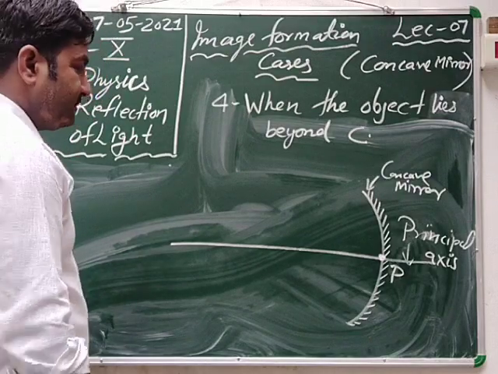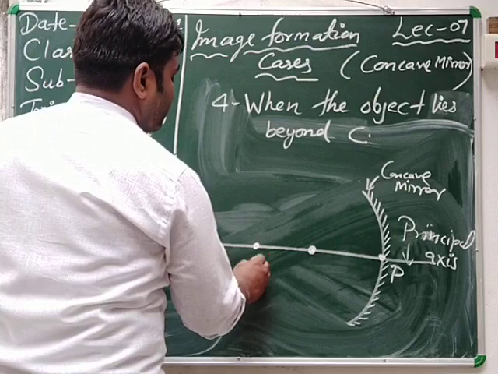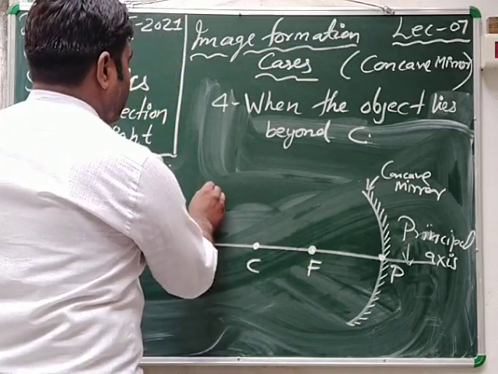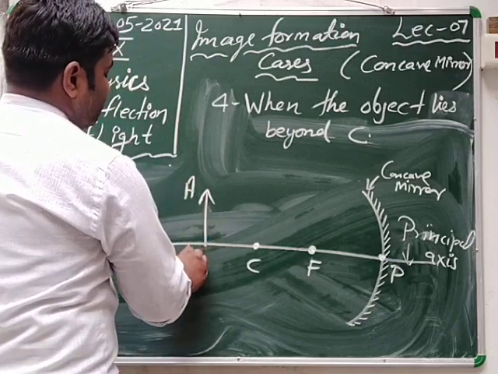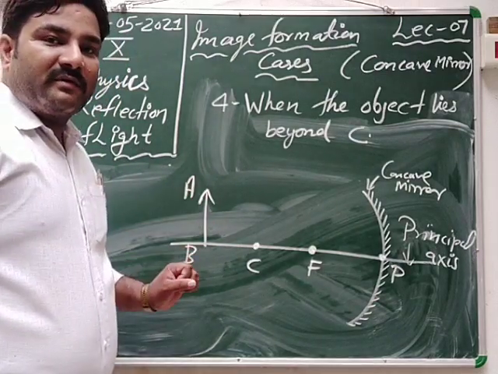Object lies beyond C. This is F and this is C. So object lies what? Beyond C. This is A and this is B. The position of top point and bottom point of object.